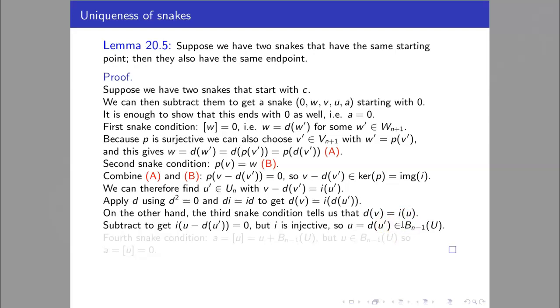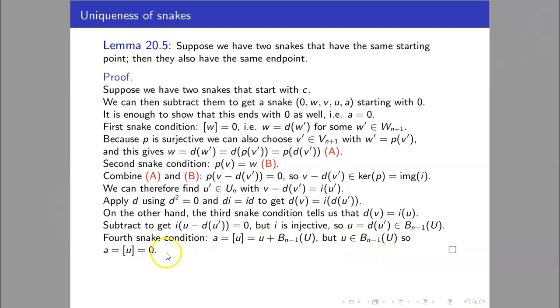So in particular, u is d of something. It lies in this group of boundaries: u is in B_{n-1}. Now the last snake condition said that a is [u]. Remember, [u] is just notation for the coset u plus B_{n-1}. But here we've seen that u is just an element of B_{n-1}, so this coset is just the zero coset.